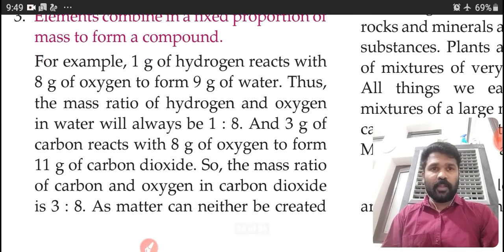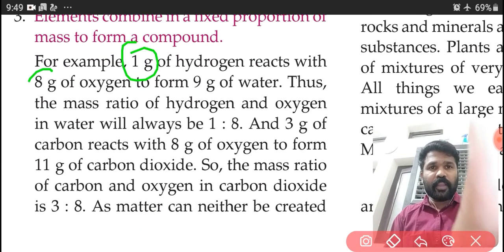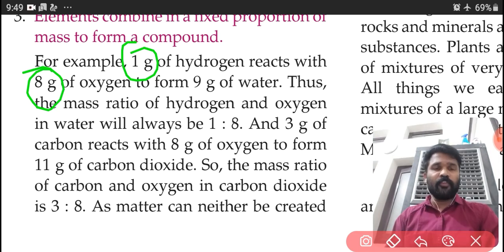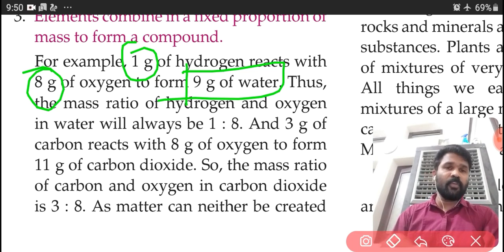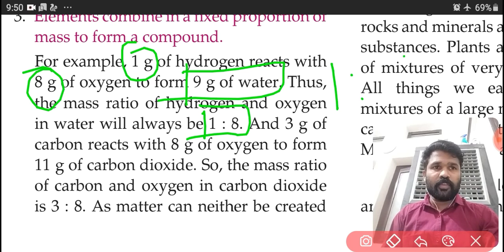For example, 1 gram of hydrogen reacts with 8 grams of oxygen to form 9 grams of water. Thus, the mass ratio of hydrogen and oxygen in water will always be 1:8.